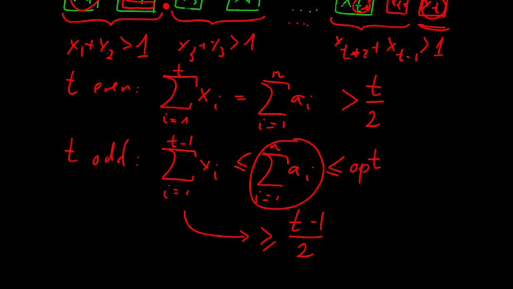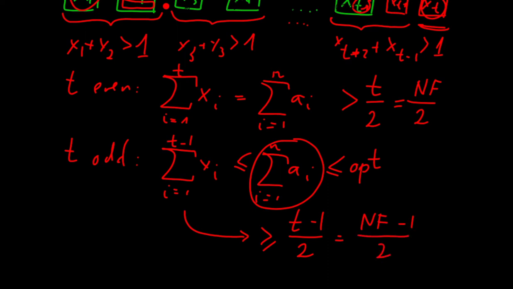This is at most the optimum, and t is of course the next fit's output, because we are using t bins, so it's the next fit's cost divided by 2, or the next fit's cost minus 1 divided by 2.